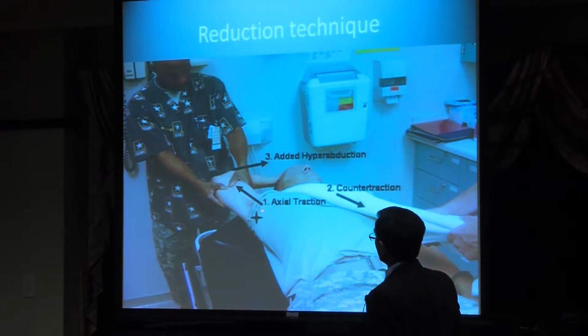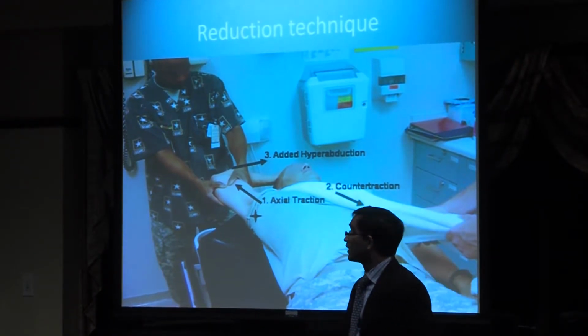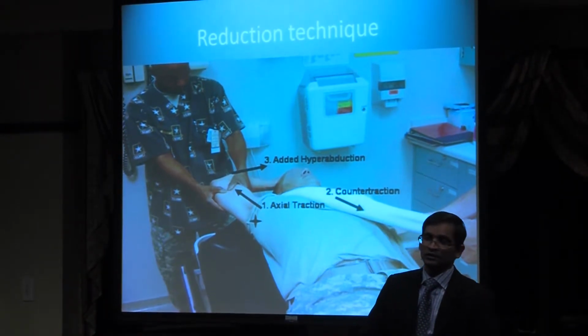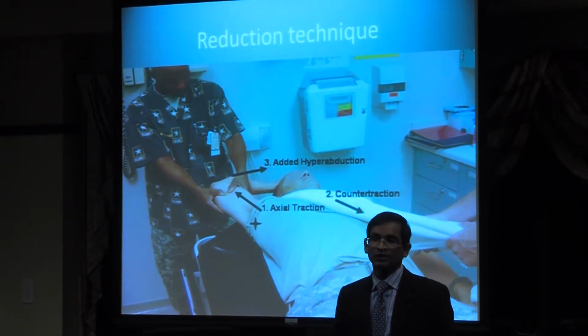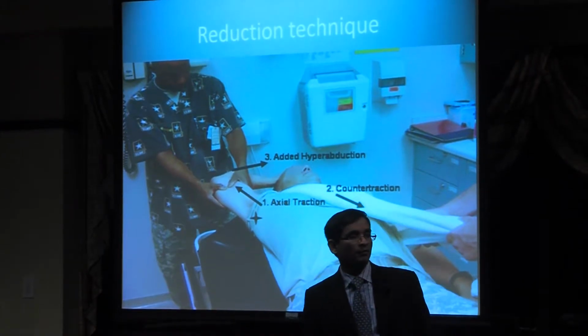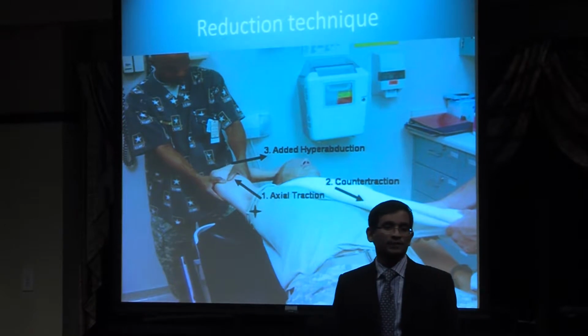Just maintain it for a while and it will reposition itself. Immobilizing is just a sling for comfort, because once it goes back in position, most of the time it is stable. And if you have any tuberosity fractures, those might need to be addressed to maintain stability.